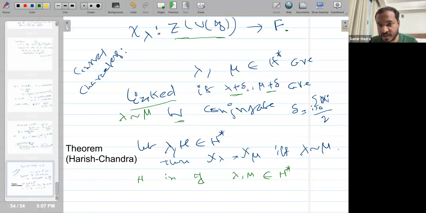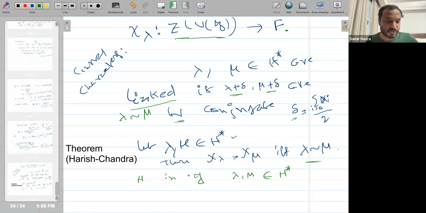Here delta is the half sum of positive roots. So basically you collect all the positive roots, add them up and divide by 2. That is delta. With all this notation, the Harish-Chandra theorem tells us that if lambda and mu belong to H star, then chi lambda and chi mu are the same if and only if lambda and mu are linked. And it has several applications, in calculating character formulas and so on.